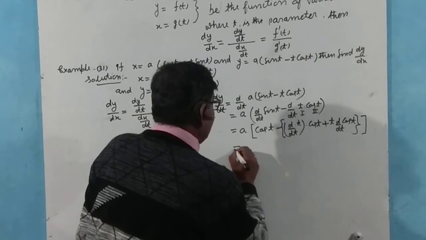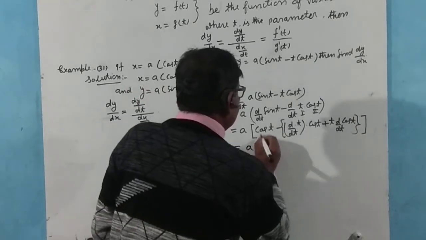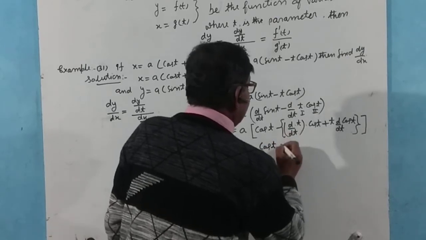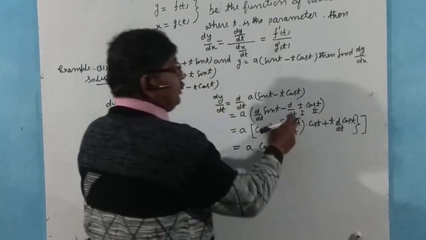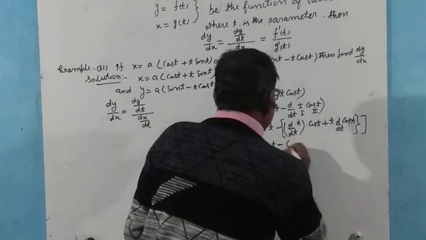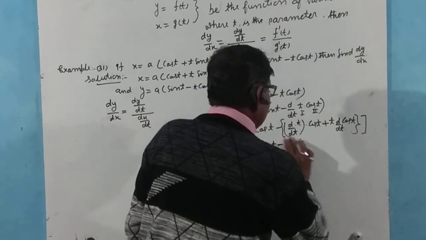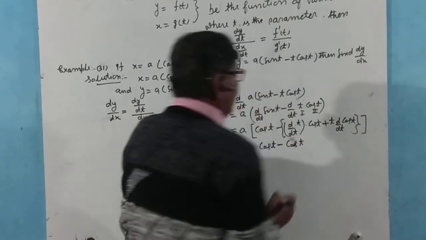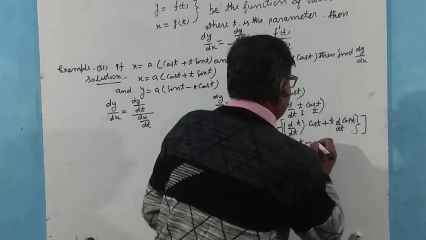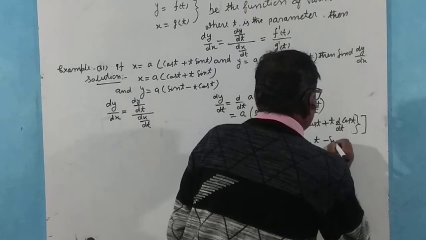Now a times cos t minus, d t by dt is 1, so that gives cos t, and again t into the derivative of cos t, which is minus sin t.